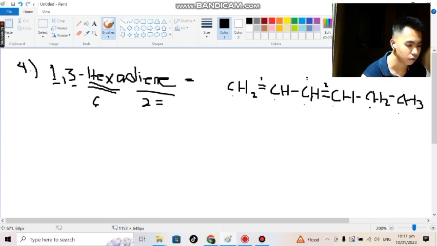So this is the third carbon, and it has a double bond. So we read this structure as 1,3-hexadiene.